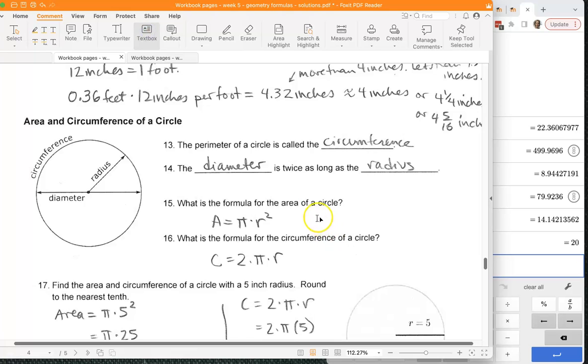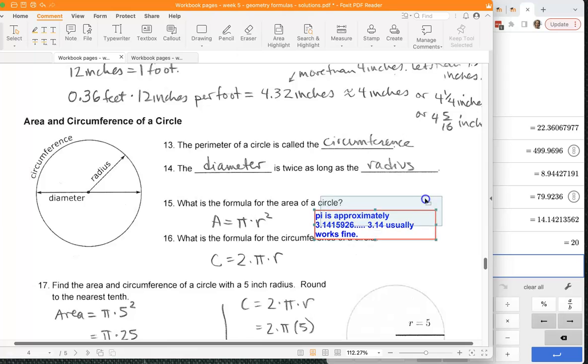And we should probably remind you that pi, if I don't have a symbol, I just type pi, is approximately 3.141592 forever. And 3.14 usually works fine.